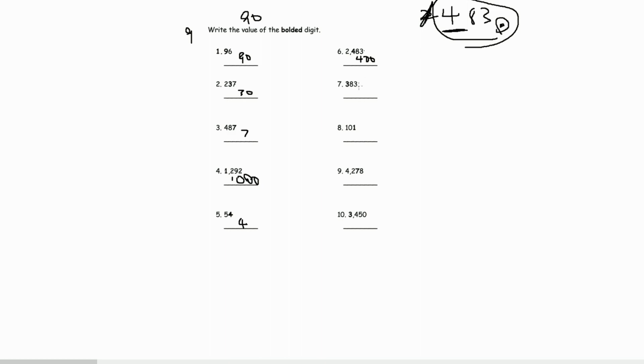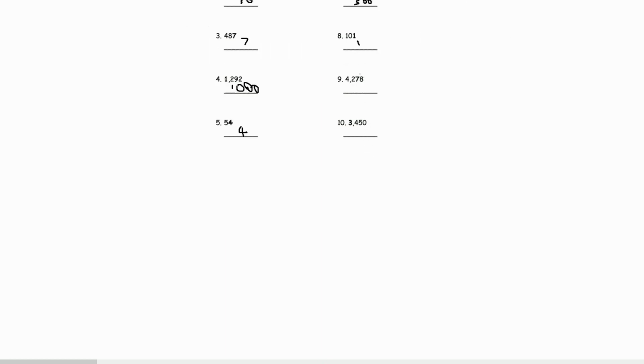So this one, the dot would be here, that would be 1, 2, 3, so that would be 300. That's 1, and that's in the tens, so that would be 70. Ones, tens, hundreds, thousands, so that would be 3,000.